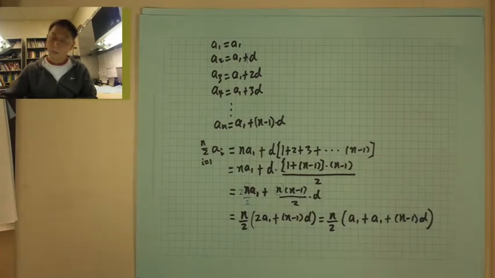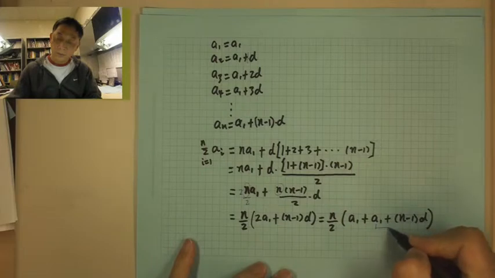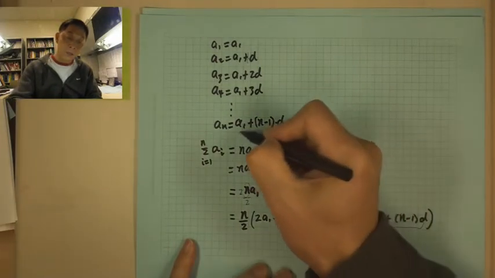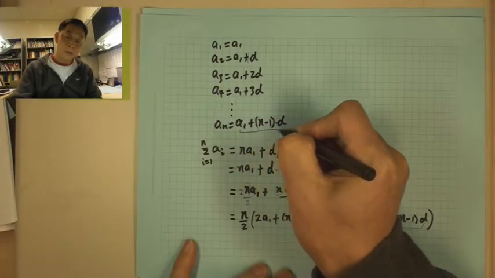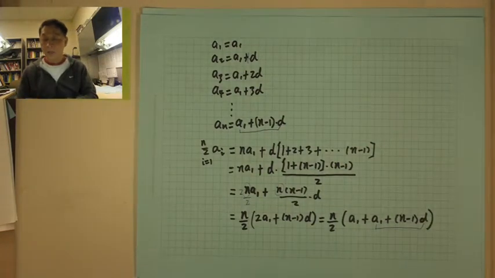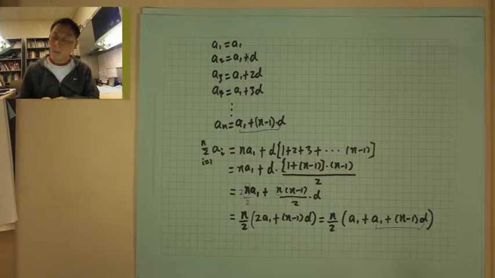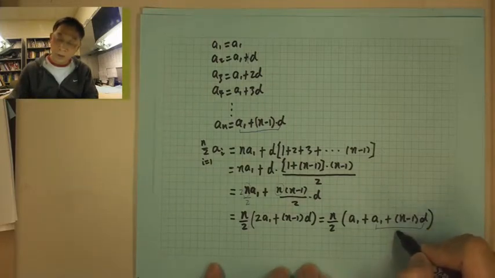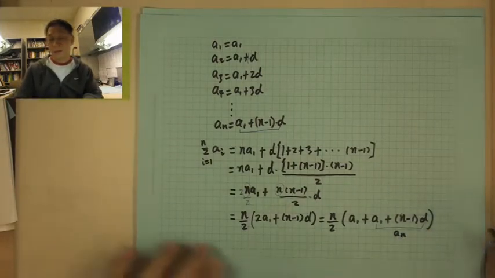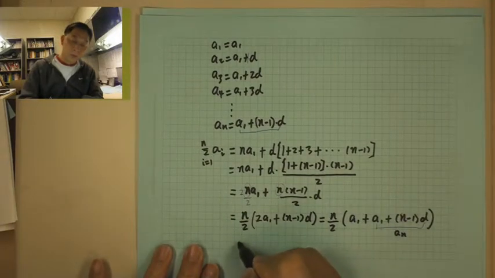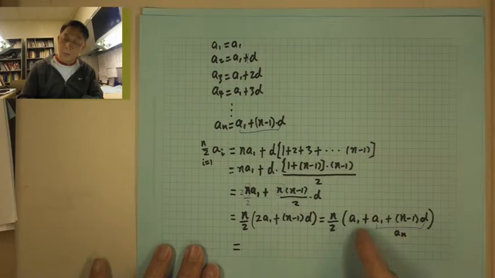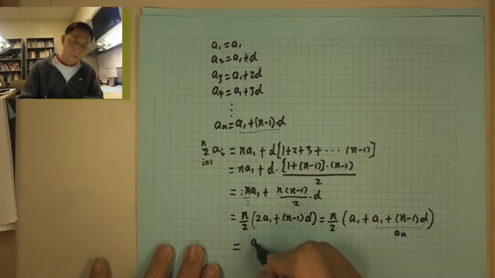Look at this. What is this? This is exactly the same thing. So this is actually the last term. This is actually a sub n. So what we get is a1 plus an.